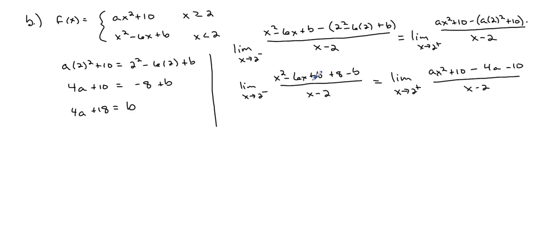Okay, looks like b minus b. And can we factor that numerator, save ourselves a little bit of writing? x squared minus 6x plus 8. x minus what? 4. And then x minus 2, all over x minus 2?